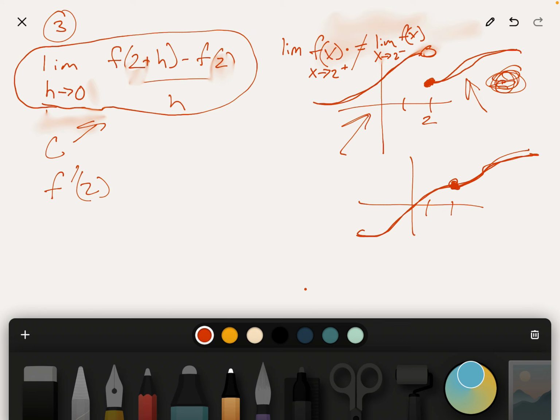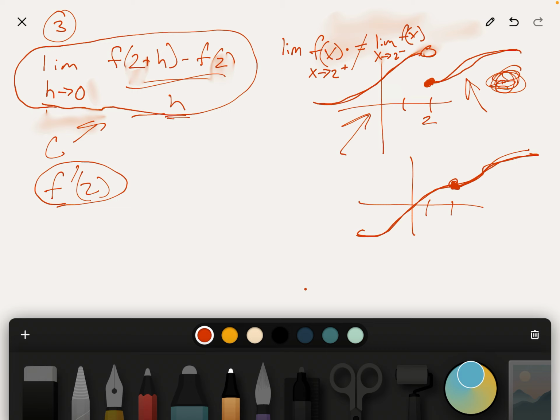However, I think I said you can use this formula to calculate the derivative at 2, and that's not correct. You could say this is the definition of f prime at 2, or that this expression represents the derivative at 2, but you can't calculate the derivative at 2 from here.